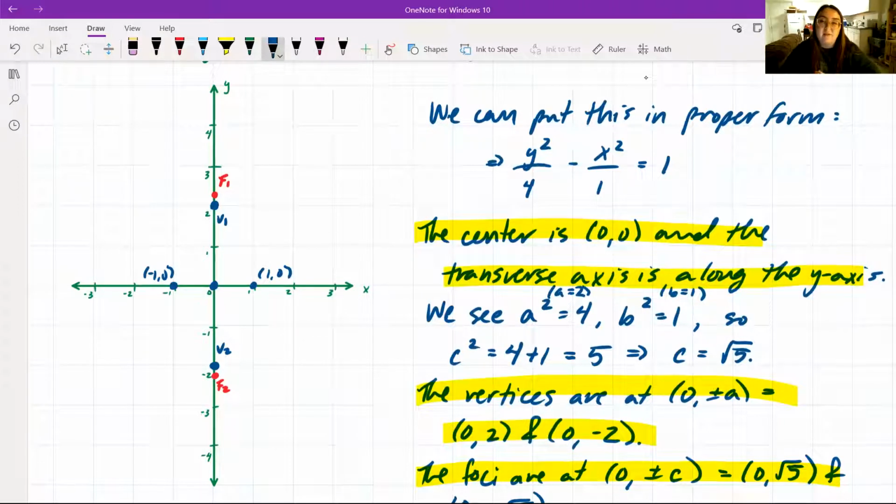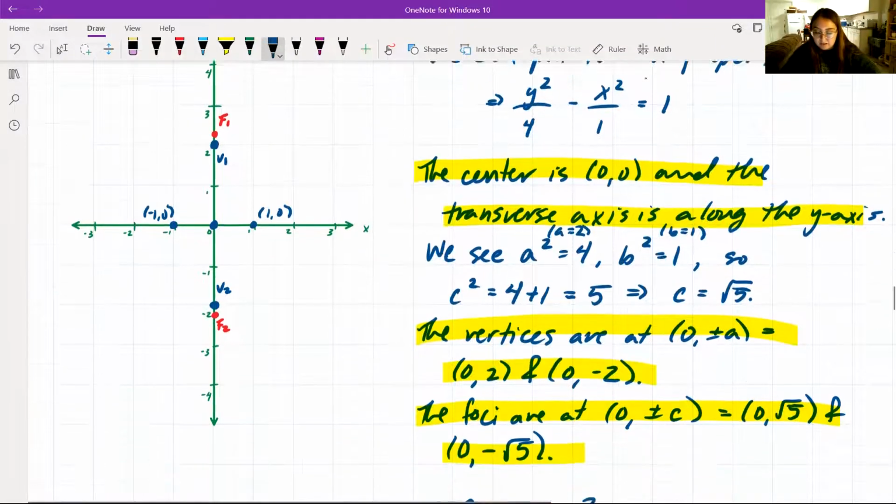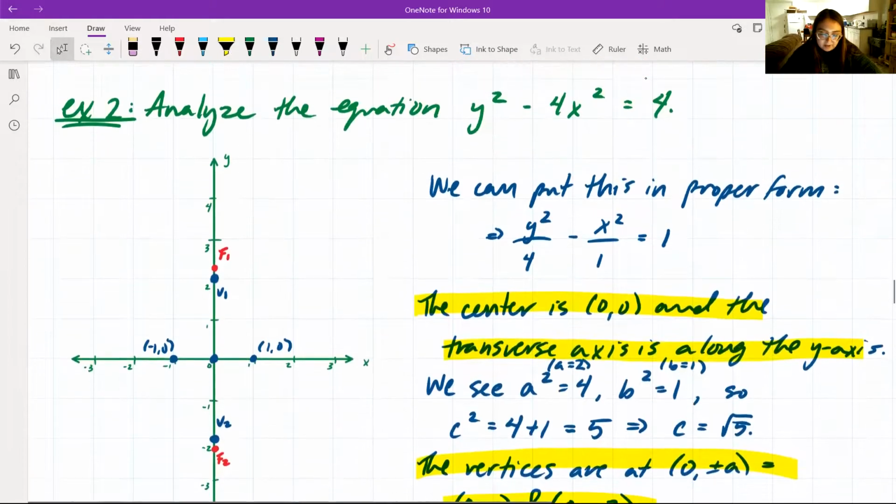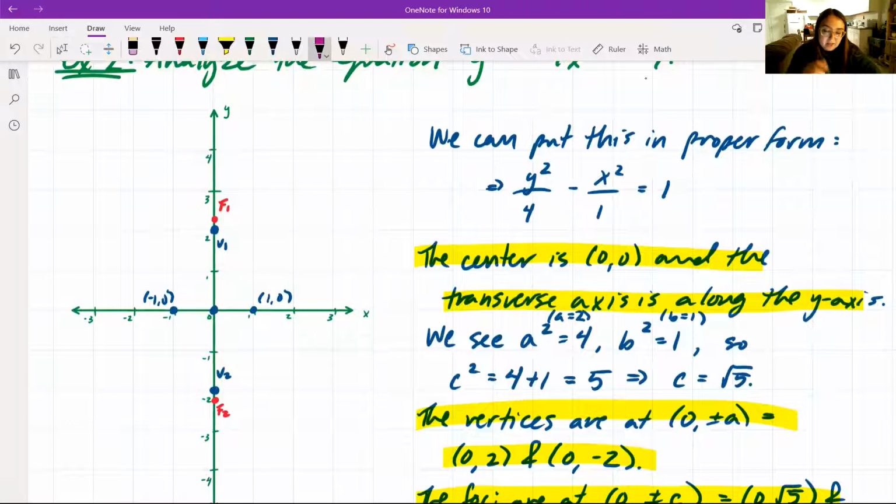Now that we've plotted all of our points, the next thing that we want to do before we actually draw out our branches is that we want to draw our asymptotes. We know our asymptotes are going to be at 2x and negative 2x. Let's go ahead and draw in our asymptotes with light blue.